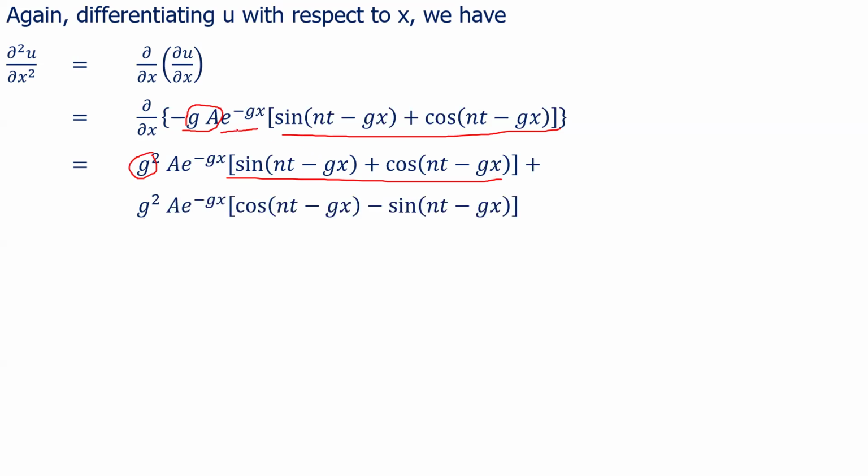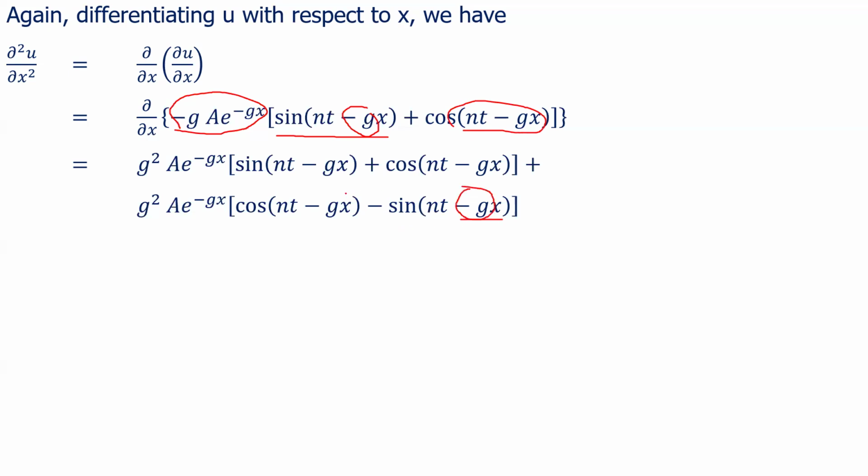Plus, for the second part, we do not differentiate the first part. The derivative of sin(nt minus gx) is cos(nt minus gx) into minus g. Similarly, the derivative of cos(nt minus gx) is minus sin(nt minus gx) into 0 minus g.